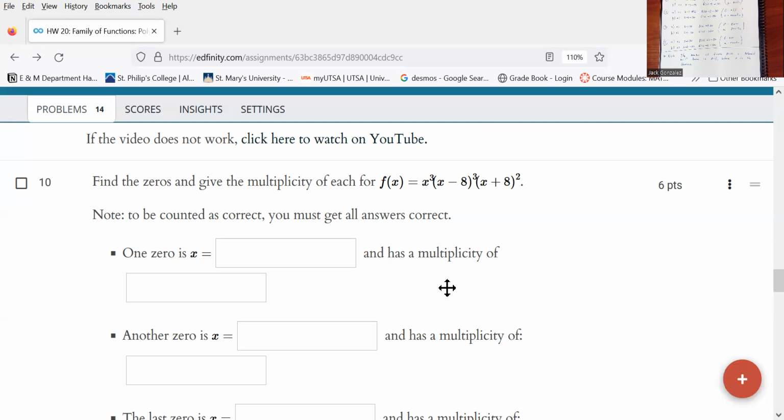Basically, look at this term. This zero has an odd multiplicity, so that would do something to the graph. The zero that is represented here, you would say, okay, this 0 has this multiplicity.